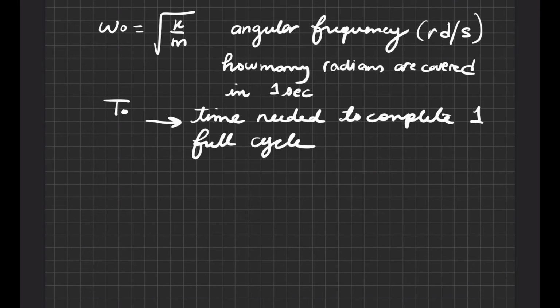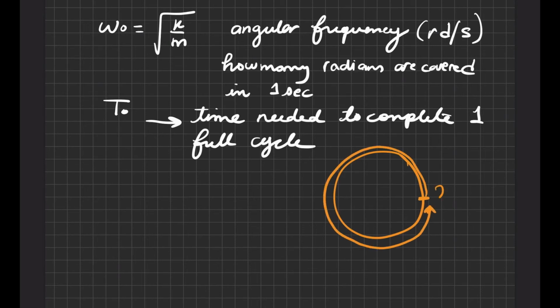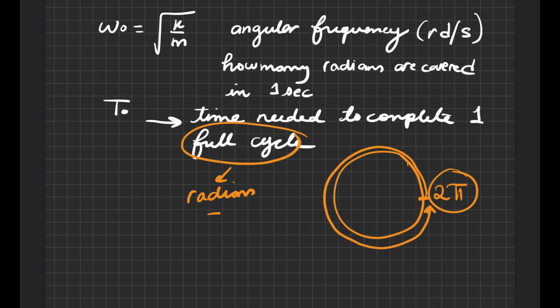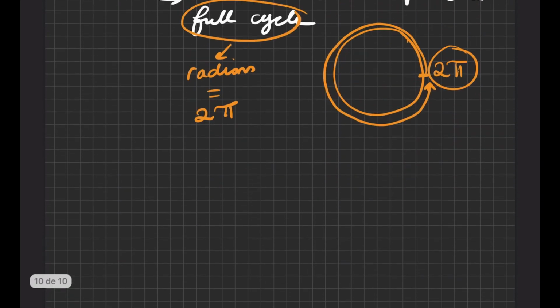Now, in case of a circle, a full cycle would be from 0 to 2 pi. So a full cycle would be 2 pi radians, right? So a full cycle in radians equals 2 pi.